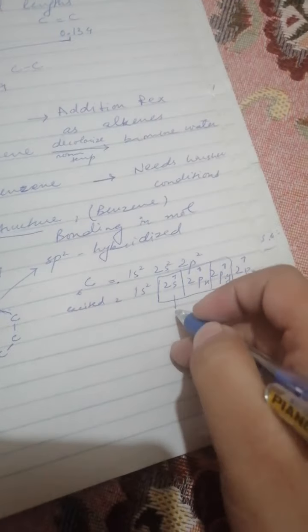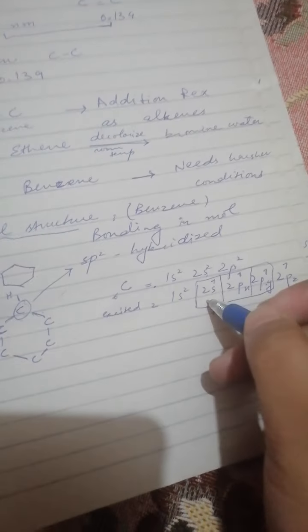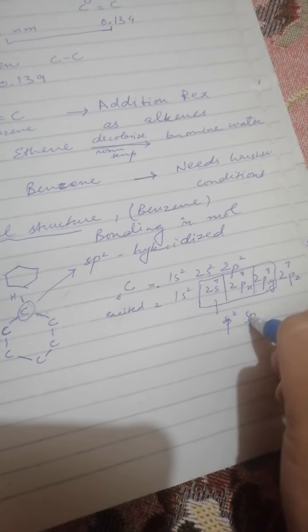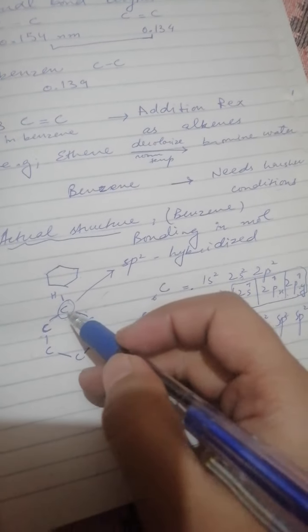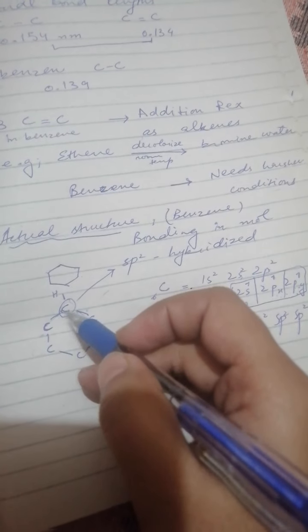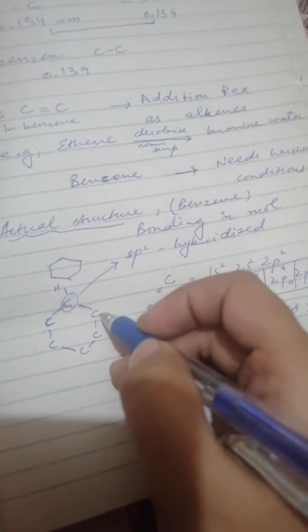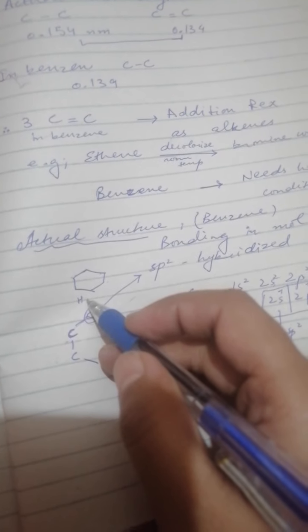So these three electrons form the sp2 hybrid orbitals: one pair with one neighboring carbon atom, one pair with the other neighboring carbon atom, and one pair with a hydrogen atom.